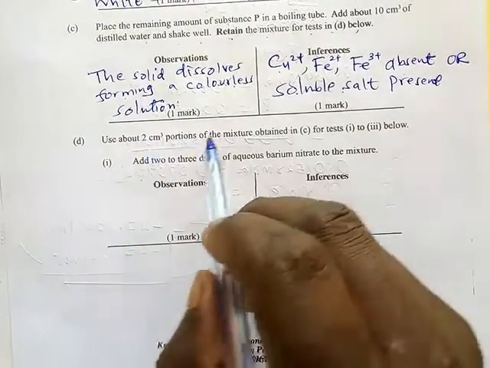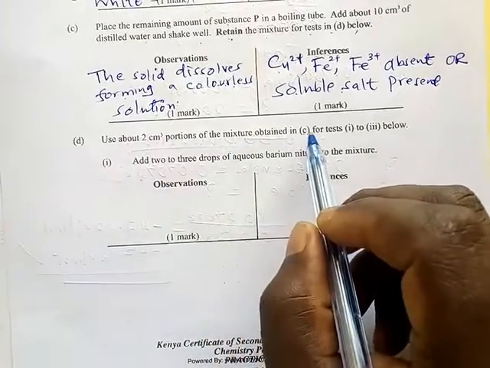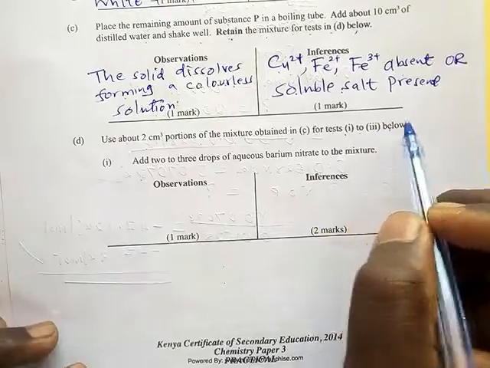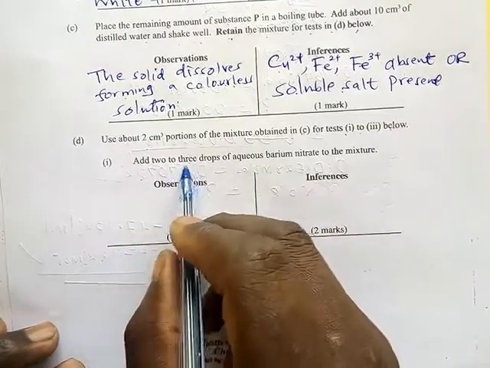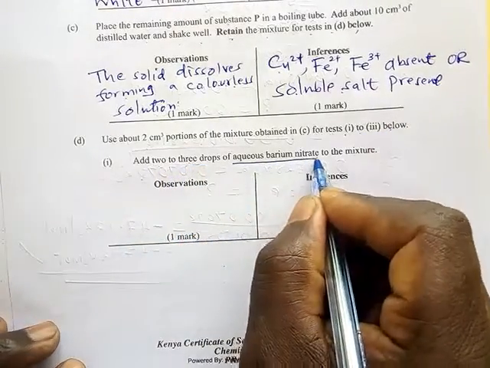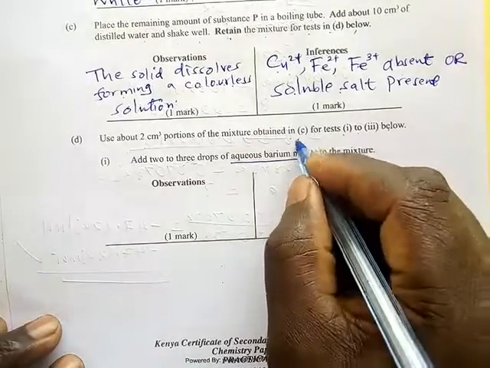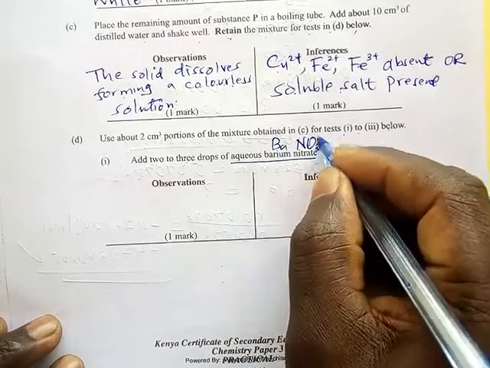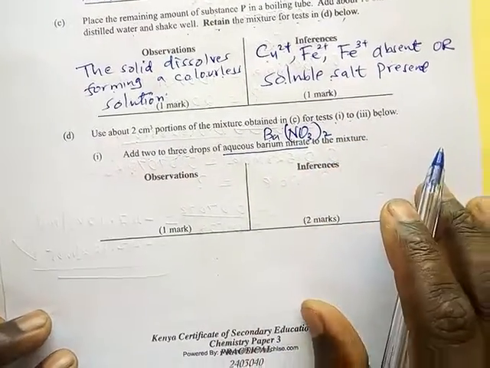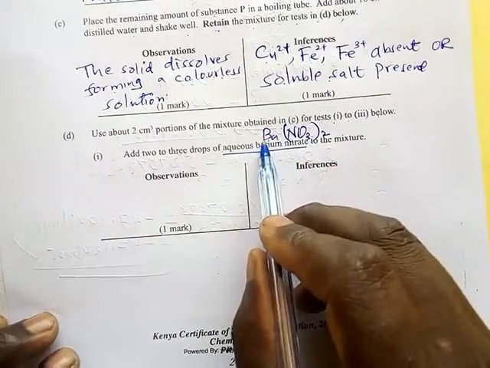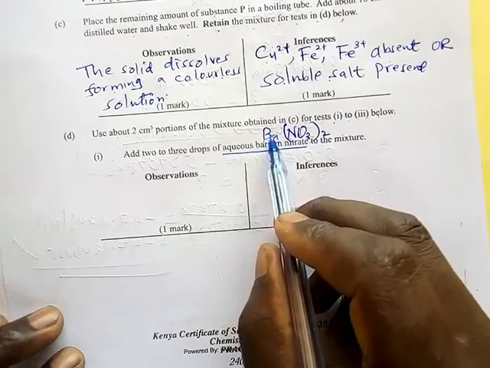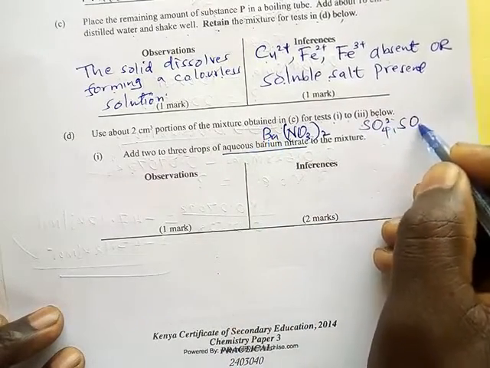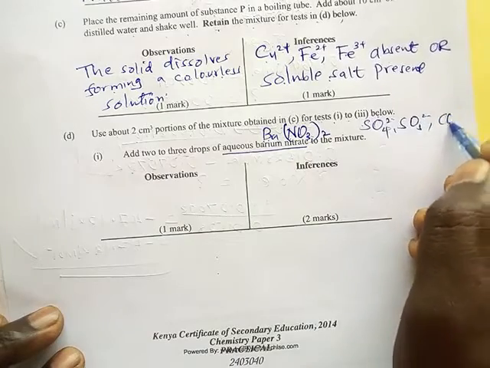Use about 2 cm³ portions of the mixture obtained in C for tests 1 to 3 below. So add 2 to 3 drops of aqueous barium nitrate. We expect a white precipitate because barium will form a white precipitate with the sulfate, the sulfite, and the carbonate.